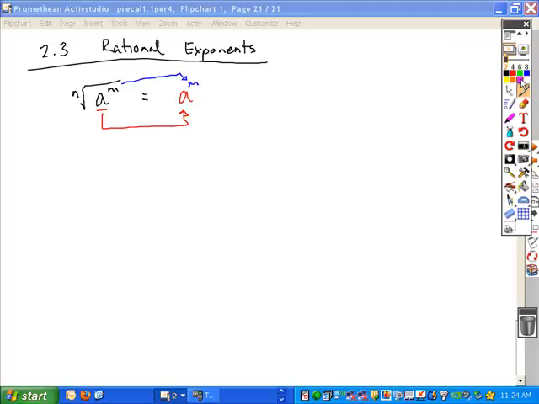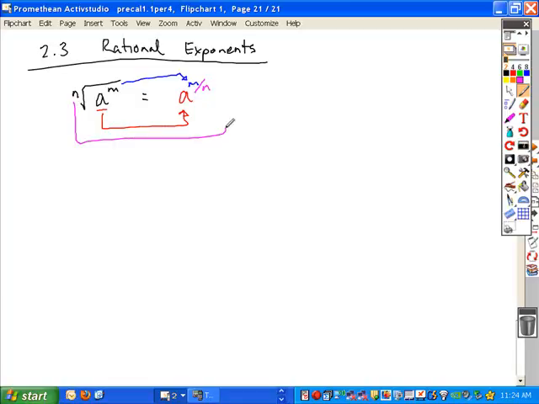And we've talked about this already. What we're going to do is move the index into the denominator of our power. Okay? So this exponent, this power, is a rational power. It's a fraction. Okay? Where the numerator is the power of the base, the denominator is the index of the radical.